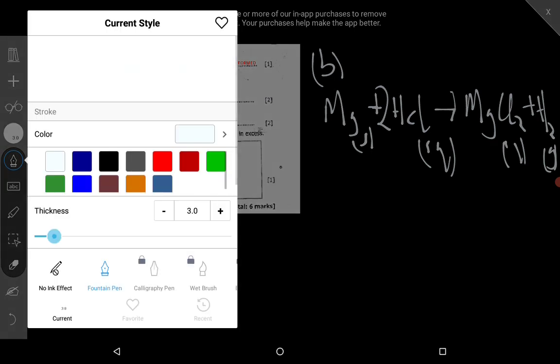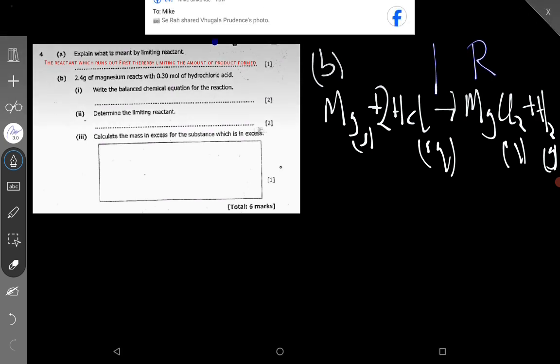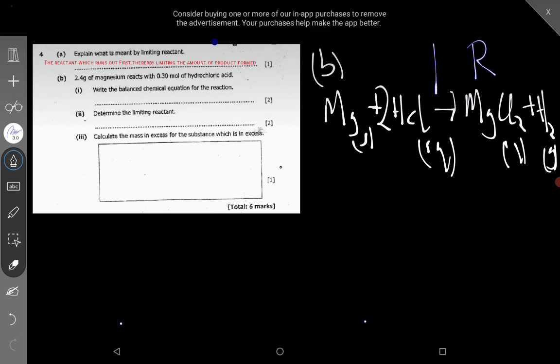This is the right side of the equation, this is the left side. On the left side you've got magnesium 1, and on the right magnesium 1. Here we've put a 2, so 2 atoms of hydrogen, and chlorine also 2 there, so it's balanced like this.